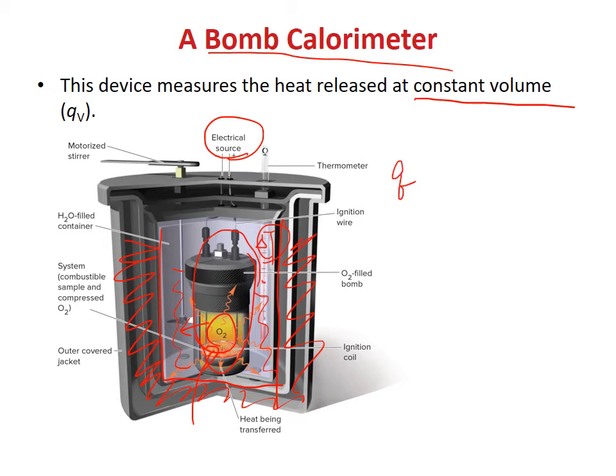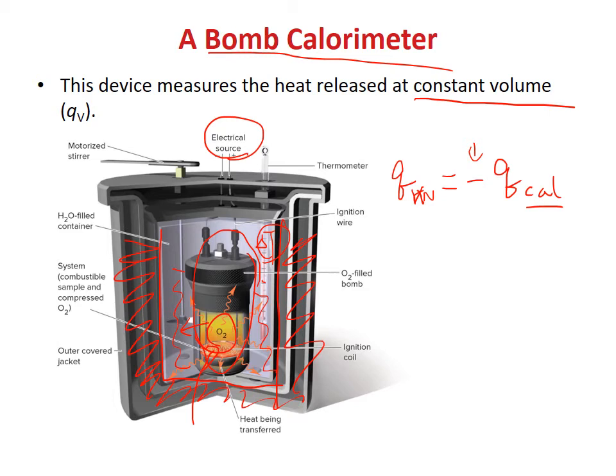So the heat of reaction should equal the negative heat of the calorimeter. You have a negative sign because the reaction releases heat and the calorimeter absorbs heat. The calorimeter here includes mainly the water bath, but also the reactor itself, the stirrer, and the thermometer.